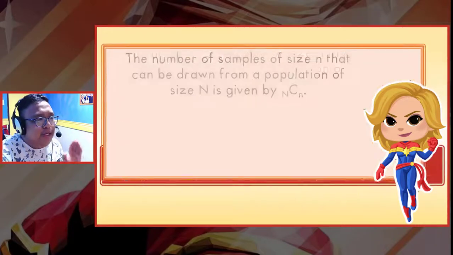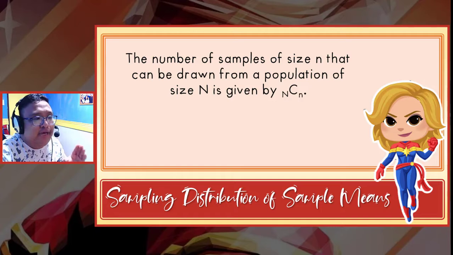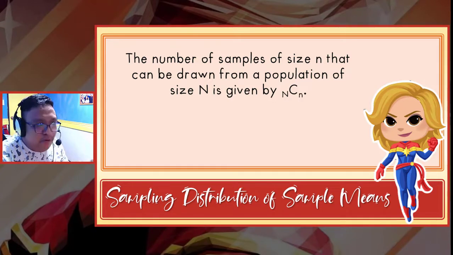So para mas maging malinaw, let us first identify how are we going to understand or compute the number of samples of size n. So if you're familiar with the combination formula, that is what we're going to use. But to make it easier for you, I'm going to teach you about the combination formula using a calculator.